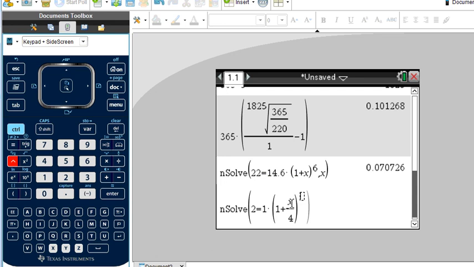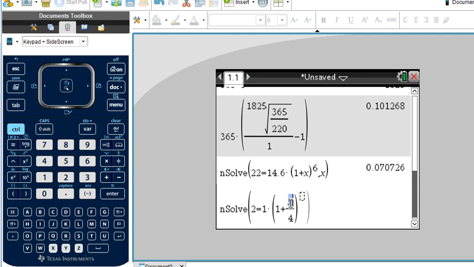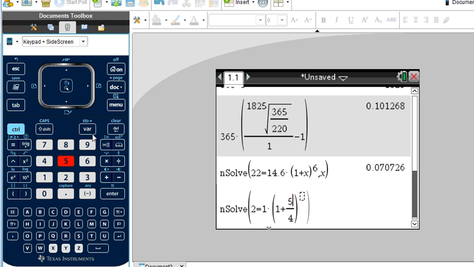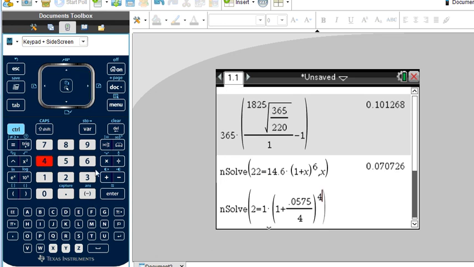Let me see, hang on. We're interested in this here, 5. Oh, excuse me. Look back here. 0.05575. There we go. And this raised to the power of 4 times x. And we should get the amount of time it takes.